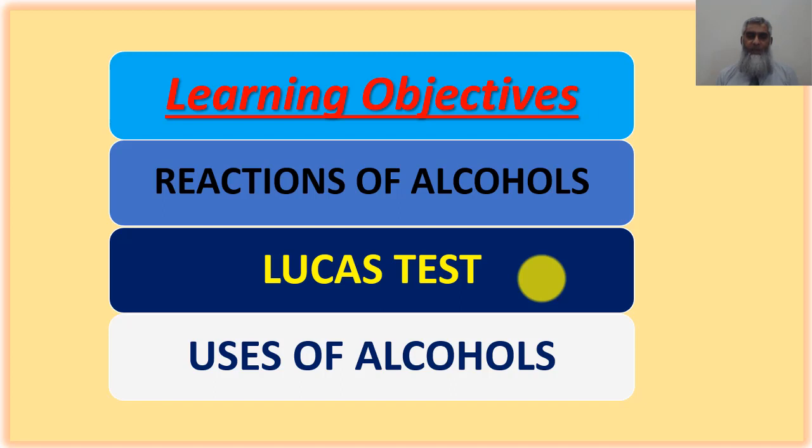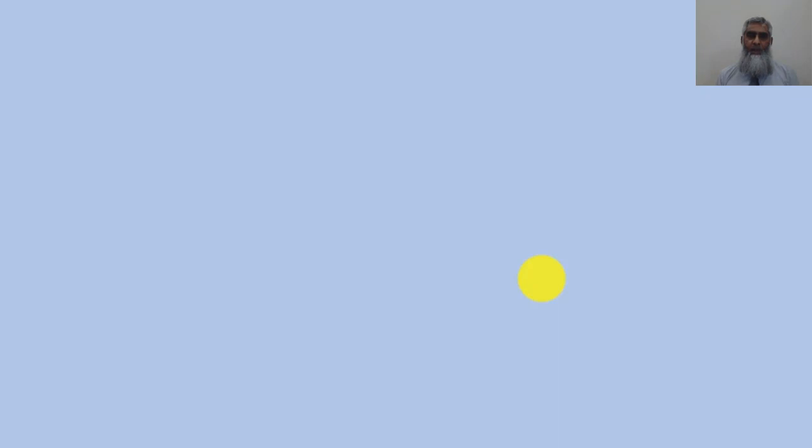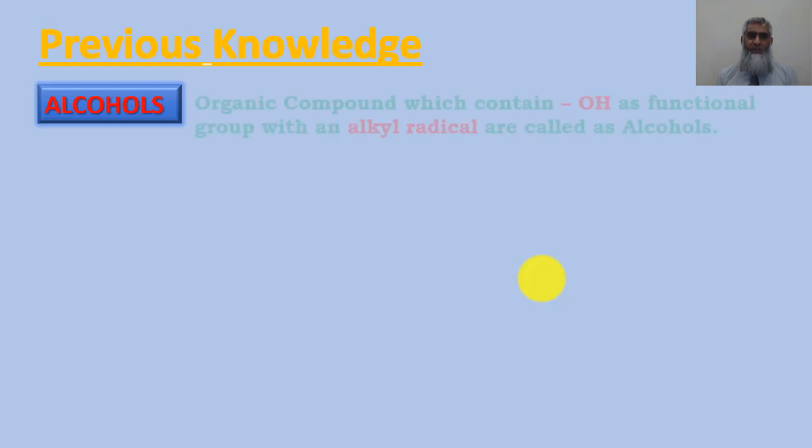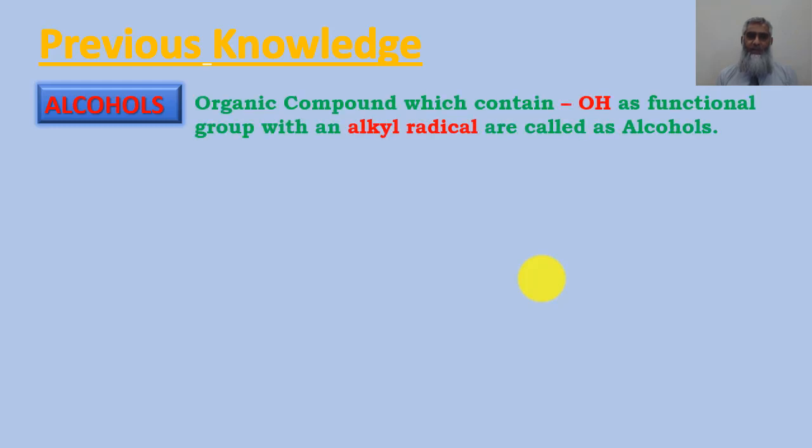Let me proceed forward. Before going to details of our today's topic, let me summarize what we have studied previously in lecture number 11.1 and 11.2. Students, we know alcohols are organic compounds which contain OH group as a functional group with alkyl radicals.